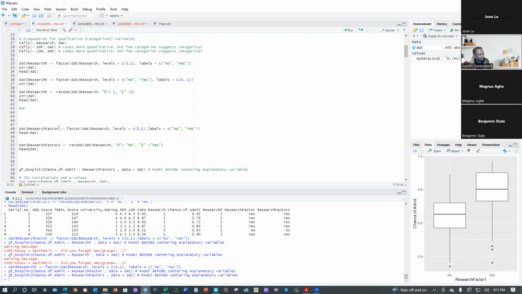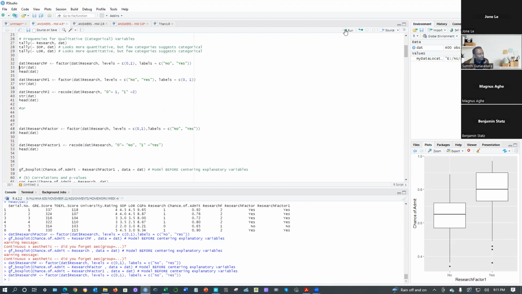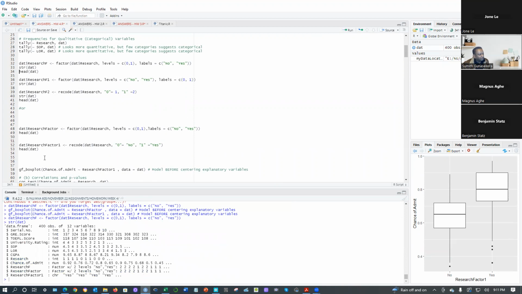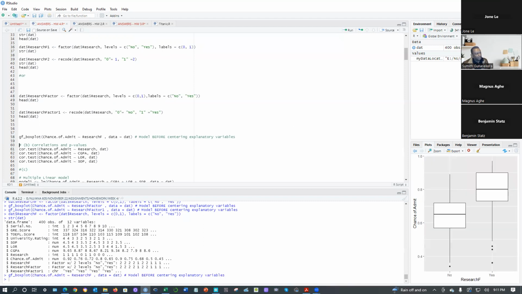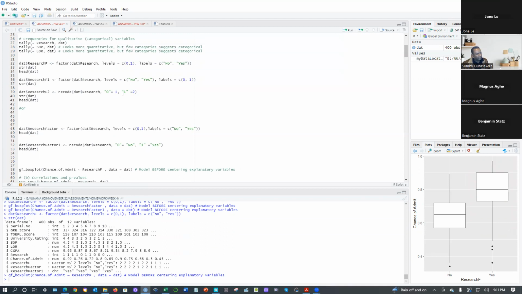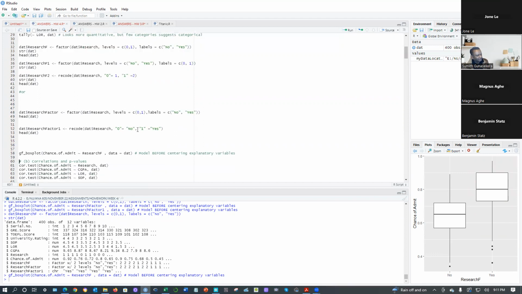I'm here using the 6. If it is 1 and 2, I think it might work. Yeah, there you go, that's why they mix up. I did that one with the same name, put it back into that one, and it's going to think it's continuous. So better to give different names. Okay, that's good.